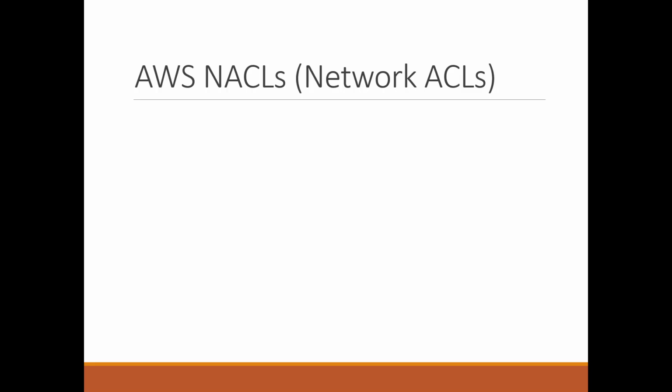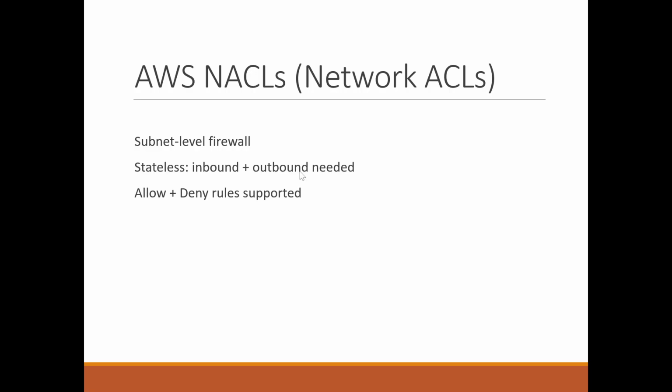Now we'll see AWS NACL. What is the full form of NACL? Network Access Control List. Keep in mind, it's a subnet-level firewall. It is applied at subnet level and not at resource level, and all instances inside a subnet follow the NACL rules which we define.